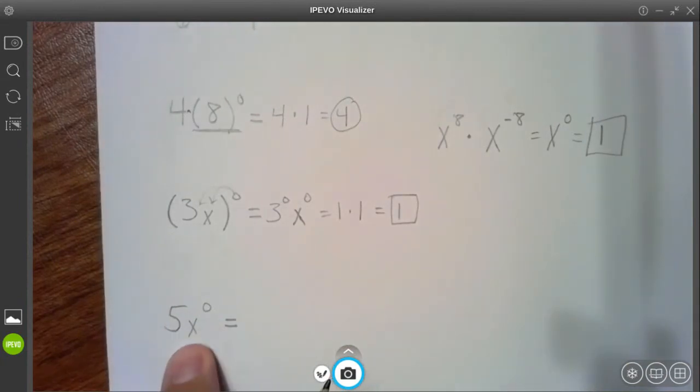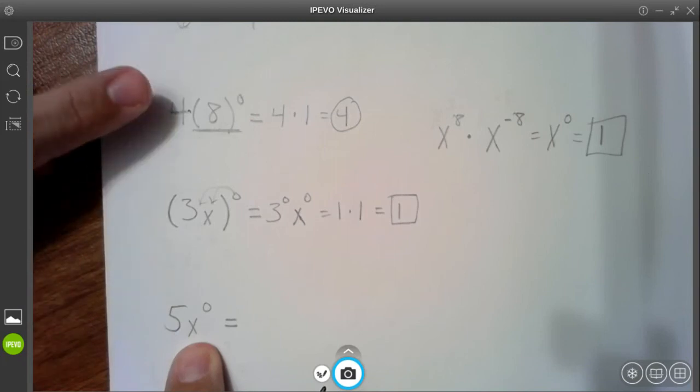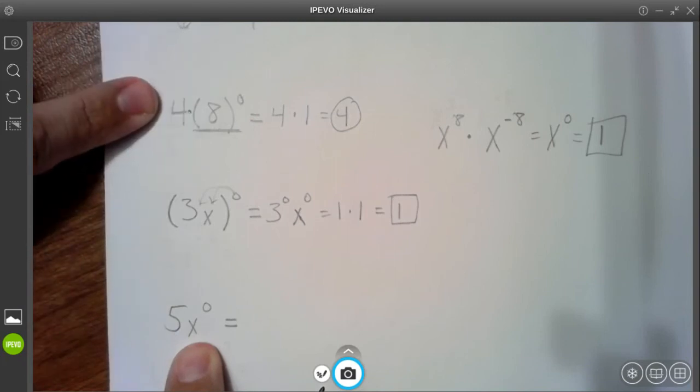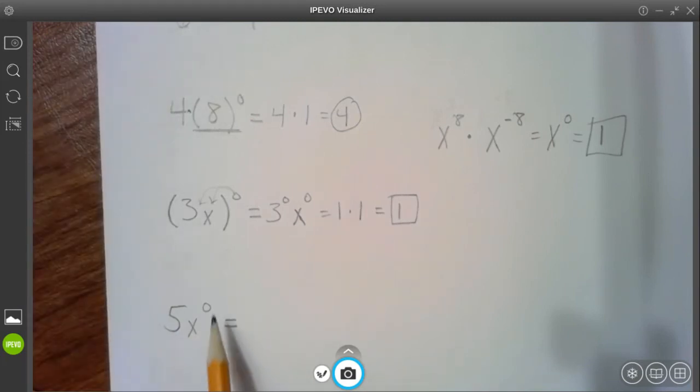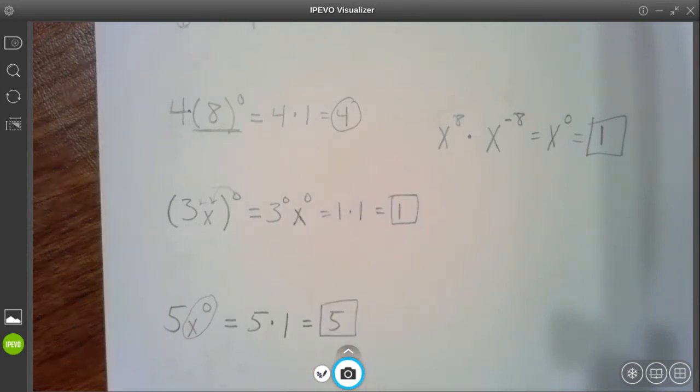But on this one, the 5x to the 0, this one's actually identical to this problem, the same issue here. So the 0 is only applying to the x in this case. So we have x to the 0, which is equal to 1, and we're multiplying that answer by 5. So 5 times 1, it's going to be 5.